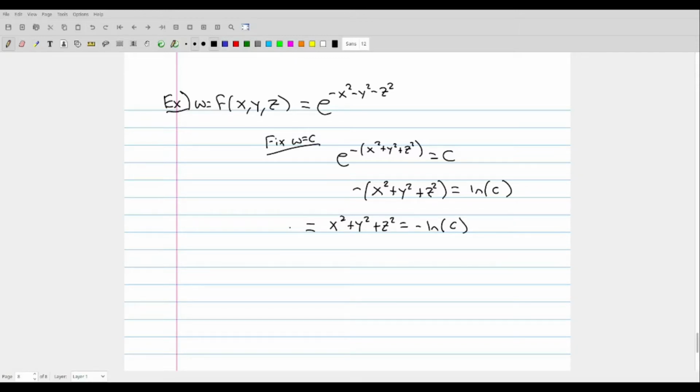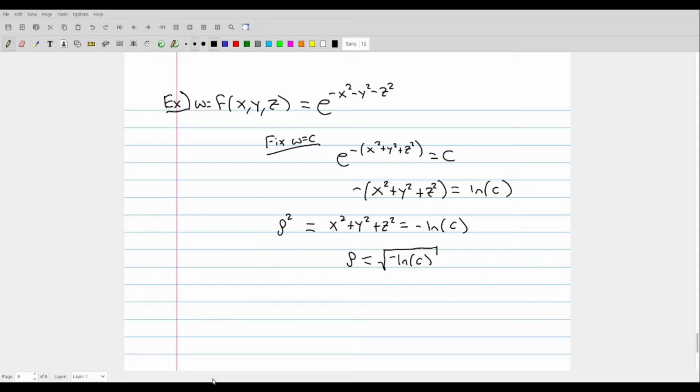If you remember that x squared plus y squared plus z squared is rho squared, or the distance from the origin squared, that means that the level surfaces for this function of three variables are going to be spheres of radius rho, all given by the square root of negative natural log of c, where that exists. So this expression gives you the range of the function. You can do it using exactly the same calculation that we did before.